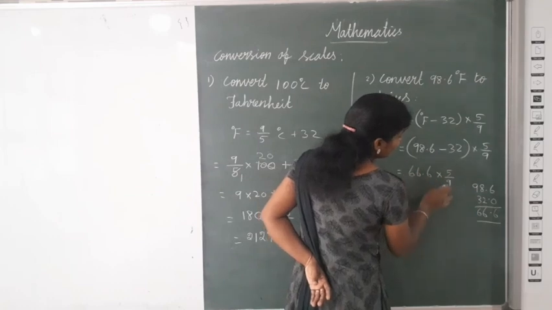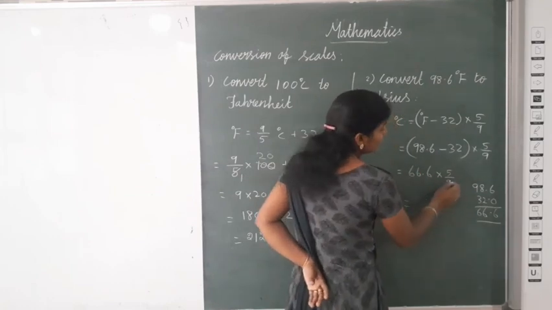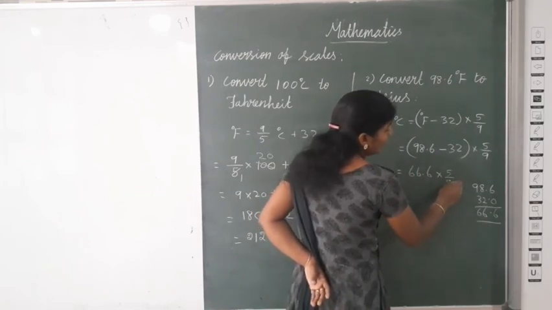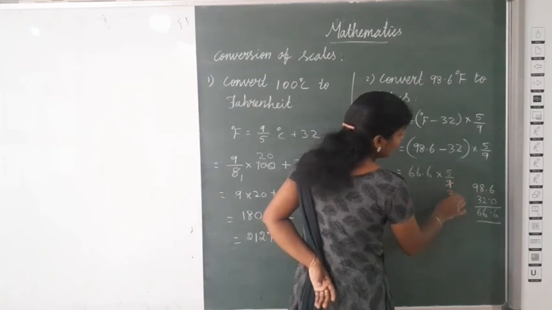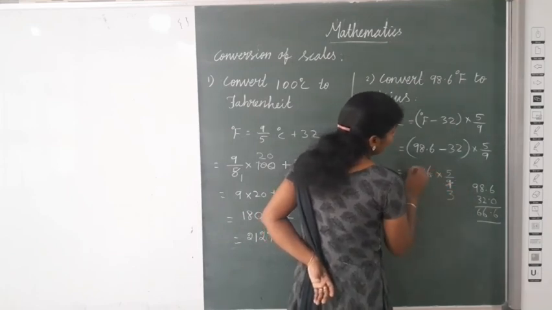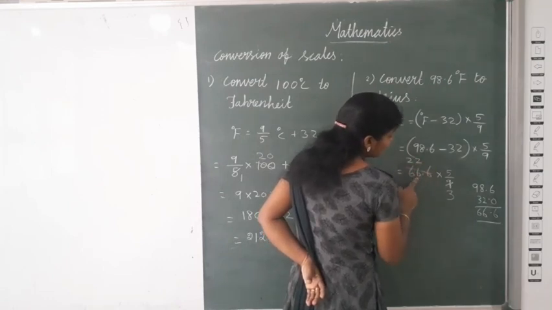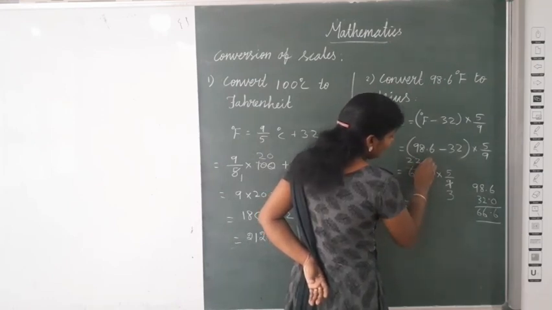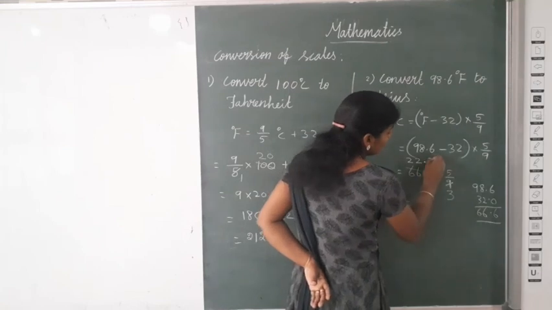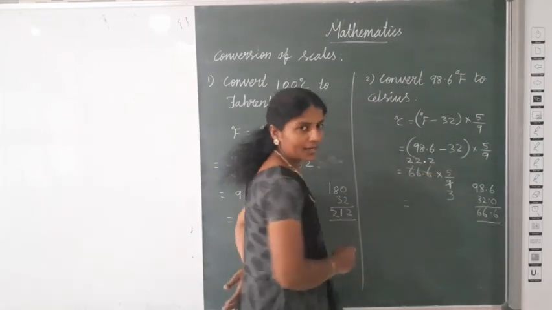Now we can cancel these two, so we can use the 3 table. 1 three is 3, 3 threes are 9. Now here 2 threes are 6, again 2 threes are 6. Then we can put the decimal point here. Then 2 threes are 6. Clear?